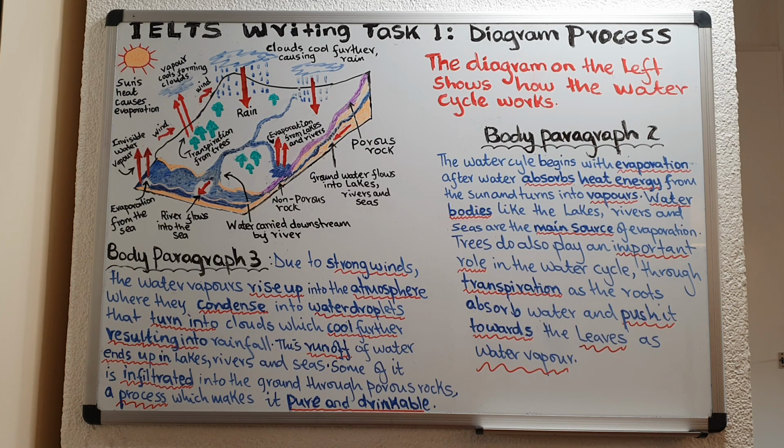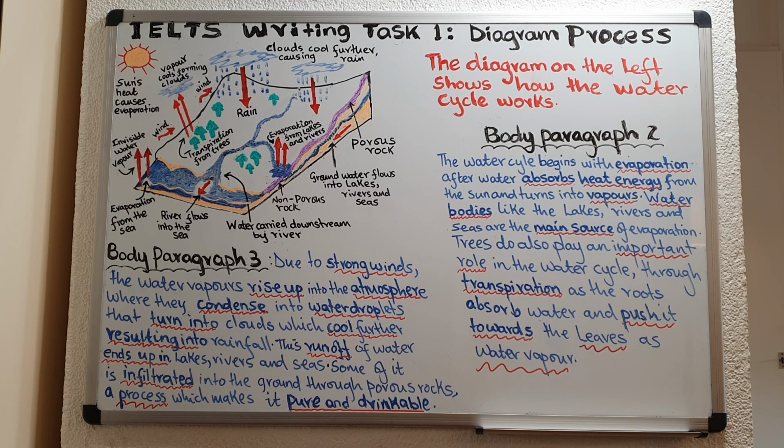So we will mention the sun, we will mention the rivers, the lakes, and the seas, but we will also mention transpiration, because from both of those we get water vapor, okay? So the water vapor is not only from the lakes, rivers, and the seas, but also from the trees, okay?